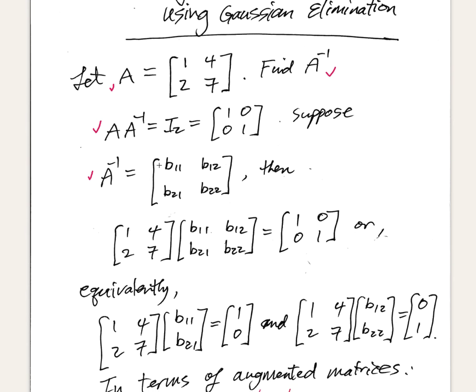Rewriting this statement, we're saying 1, 4, 2, 7 times this 2 by 2 matrix should be 1, 0, 0, 1.